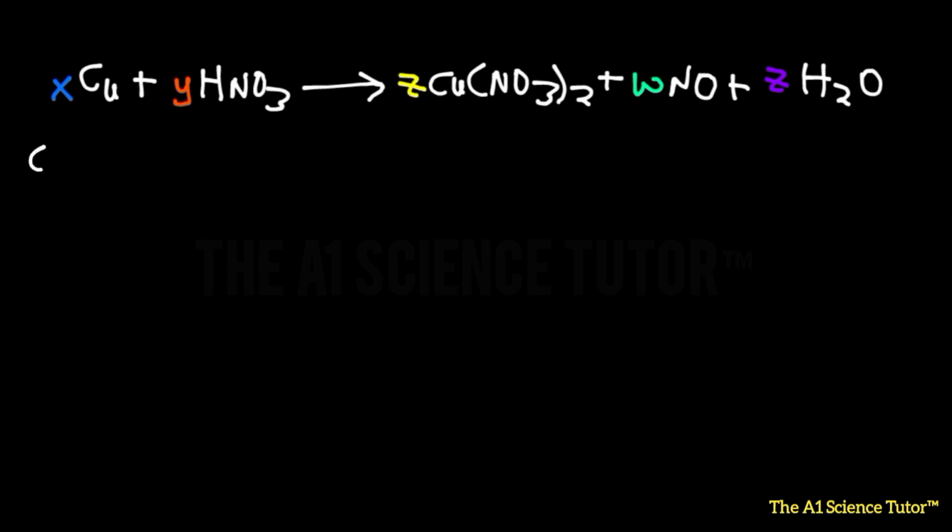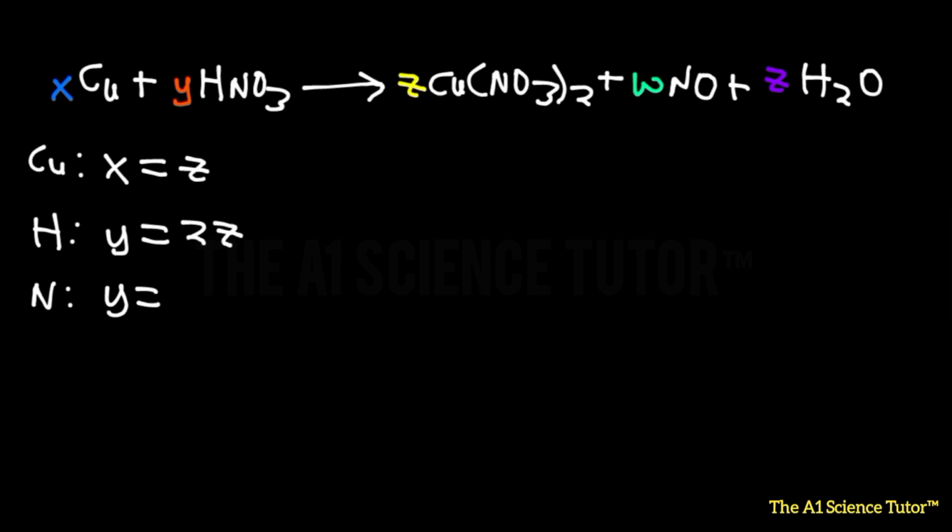Now here, copper, that will be X on the left hand side, and on the right hand side we're going to have a Z typically. Then hydrogen, so that is a Y on the left, and on the right we're going to have a 2Z. Then we got nitrogen. Nitrogen on the left will be Y, and on the right, first we know that the subscript for that bracket is 2, so that will be 2 multiplied by Z, so that should be 2Z.